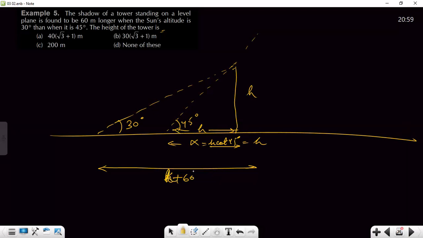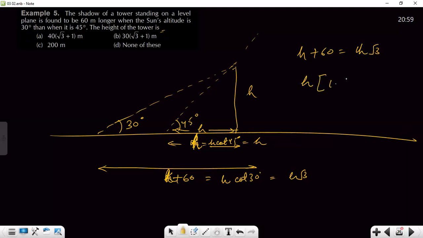Then the other is h plus 60. In this triangle, the base, that is x plus 60, should be h into cot of 30. Cot of 30 is root 3. So now we have the equation h plus 60 is equal to h root 3.